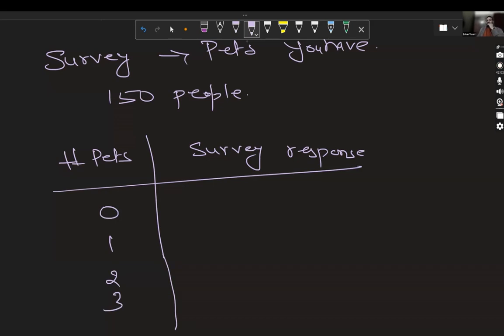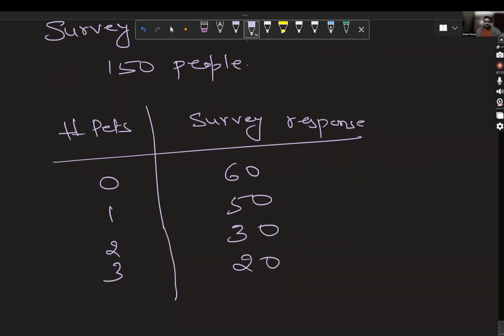When we surveyed 150 people, 60 people said we have 0 pets. The number of houses which said they have 1 pet was 50. Number of houses which said 2 pets was 30. And number of houses which said 3 pets is 10, not 20.